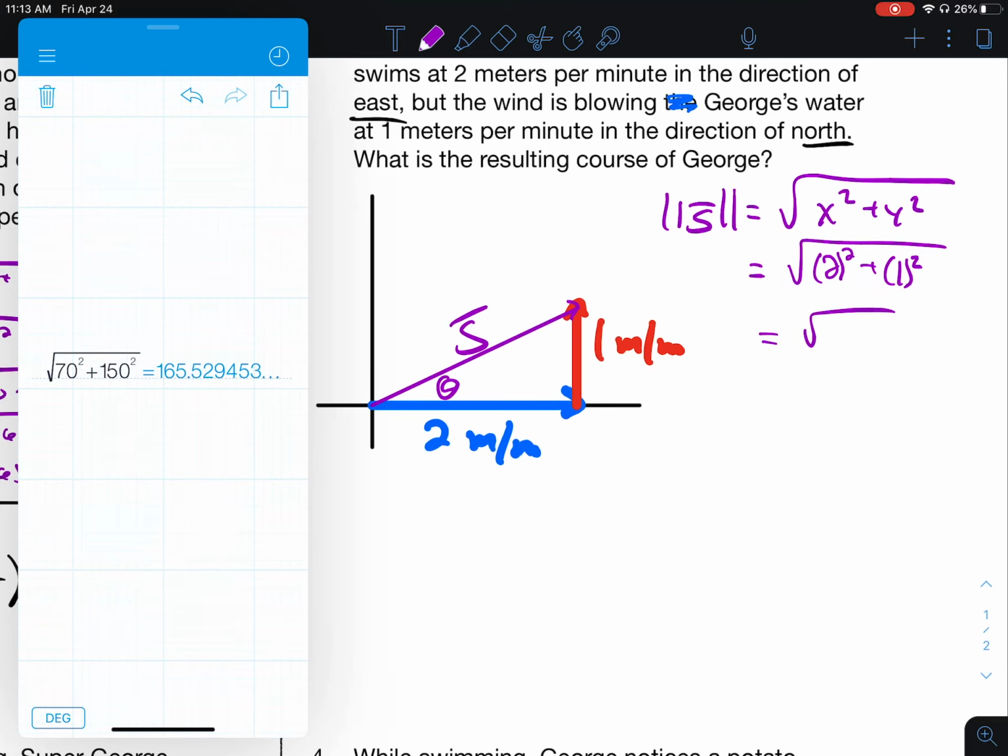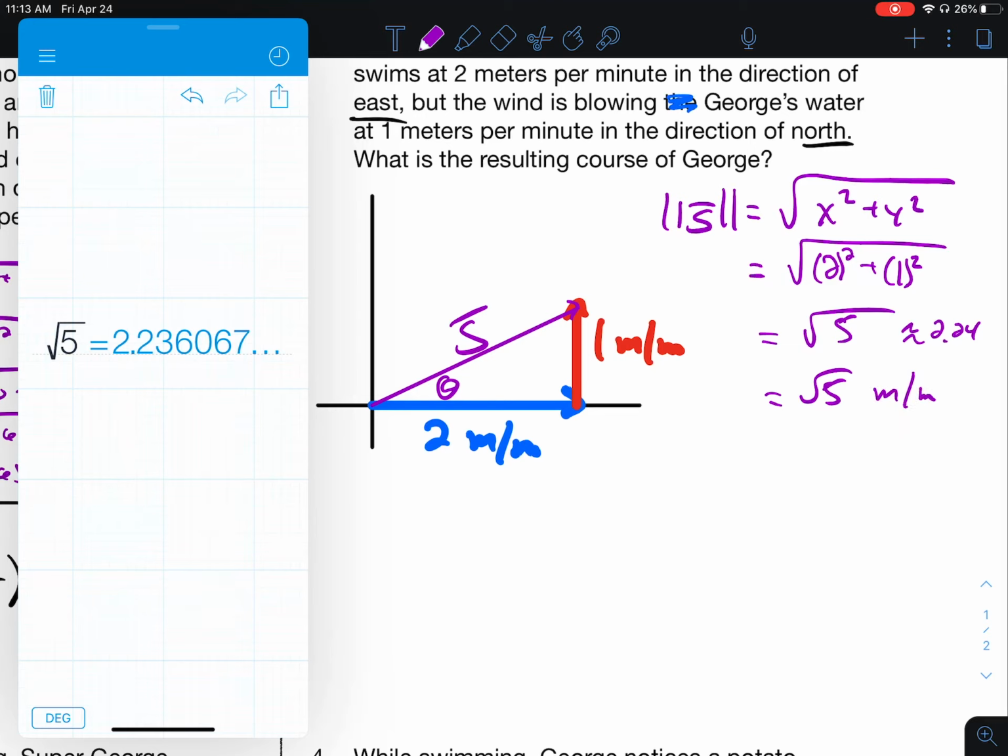It's going to be the square root of 5. If you wanted to put that into a calculator, get what that decimal would be, 2.24, that's fine as well. The units for this are meters per minute. That's the magnitude. That's the speed, if you will.